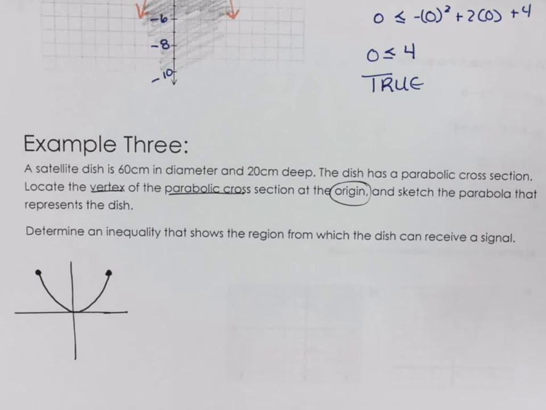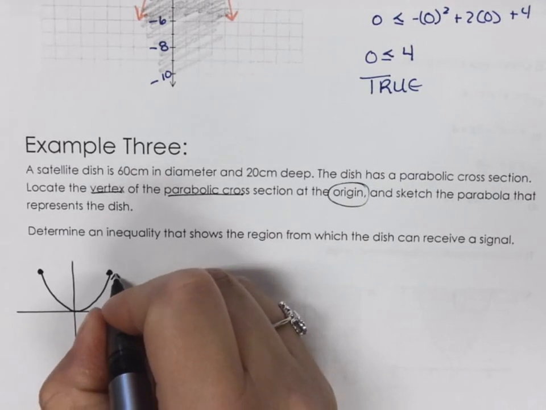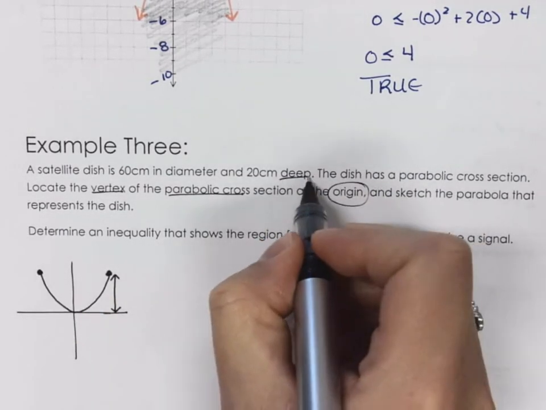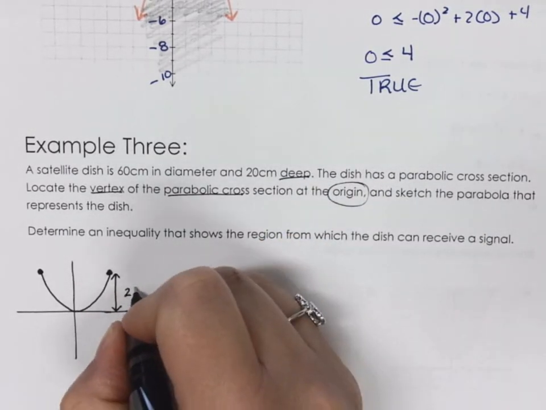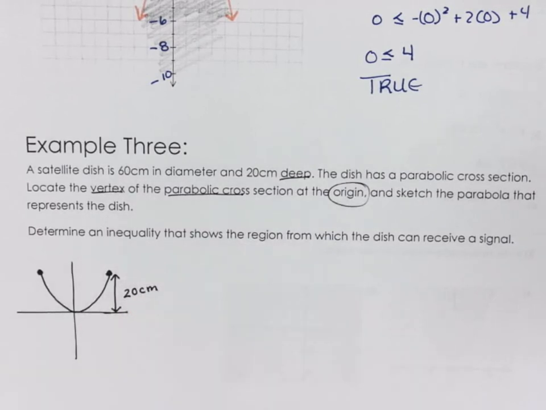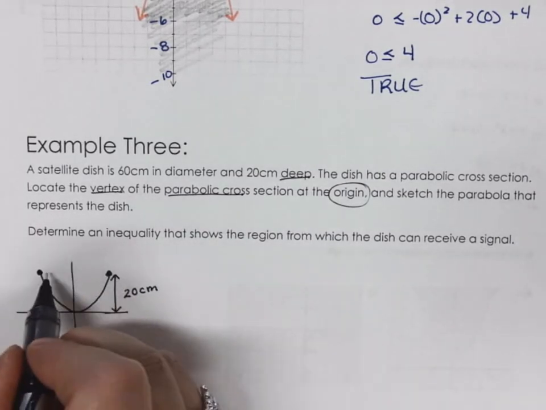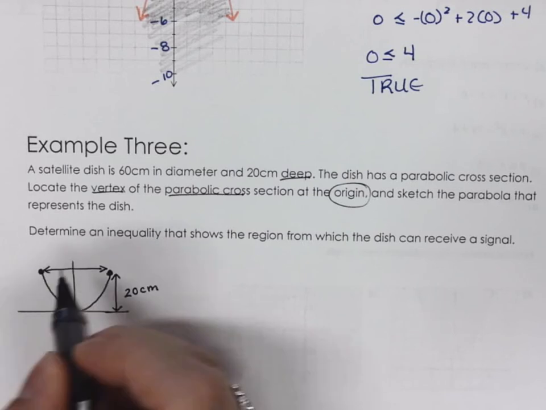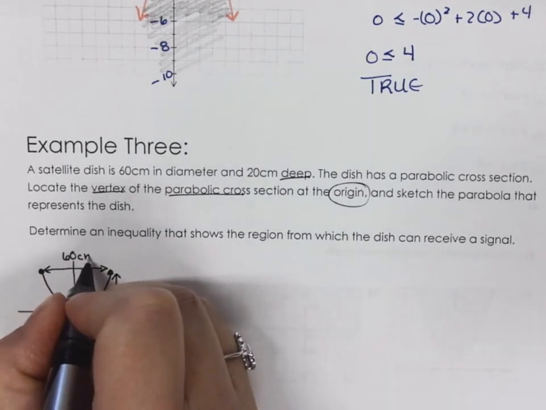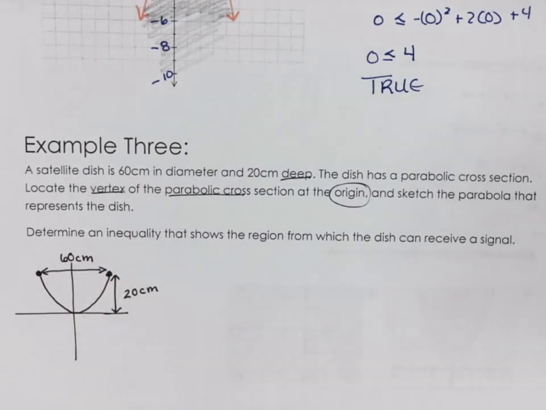Okay, so does that mean the arms stop at 20 then? We know that the height from here to here, because it says that it's deep, is 20 centimeters. And we know from here to here is 60 centimeters. Two rulers, just in case you were wondering.